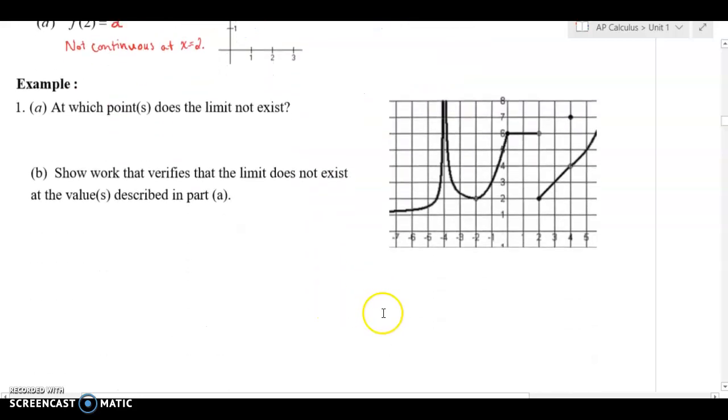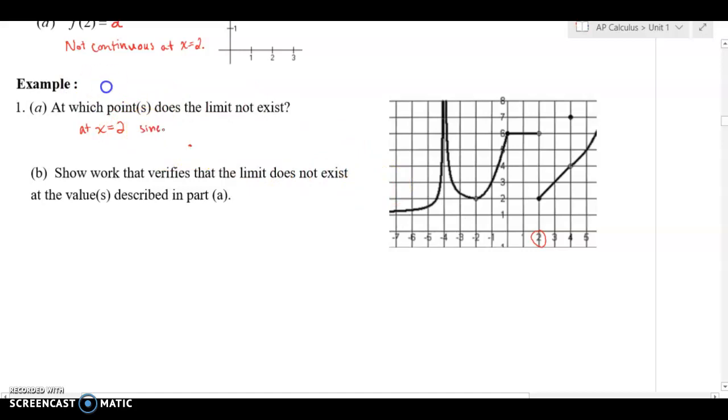Okay, here's another challenge problem. I wanted to see if you guys could do it. Okay, so at which point does the limit not exist? Okay, I think there's one that definitely speaks to me, right? And it's loud and clear at x equals 2. So at which point, it's at x equals 2. That's where the limit doesn't exist.